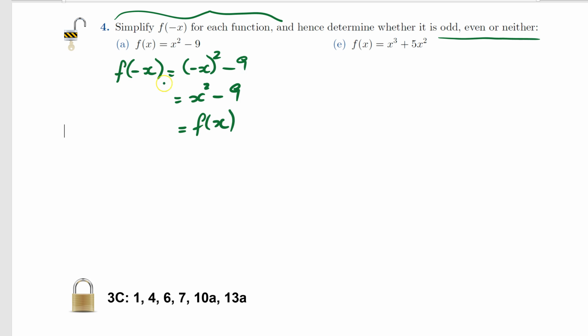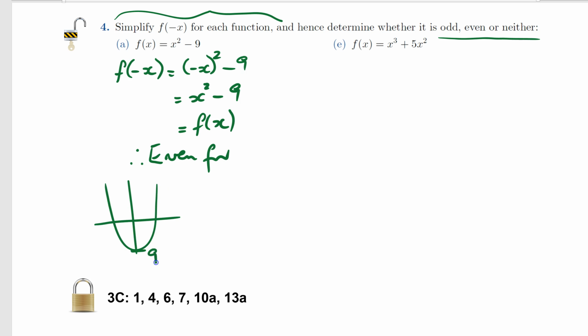So f of minus x does equal f of x, therefore it's an even function. Now we should have known that's what we would get, because we know this is a parabola slid down the axis to cut at minus 9, and we know that a parabola, at least one centered on the axis, is a symmetrical function.